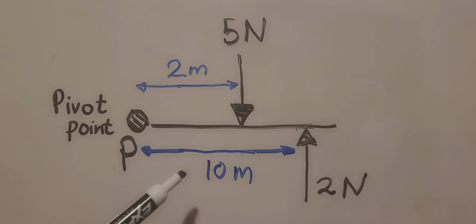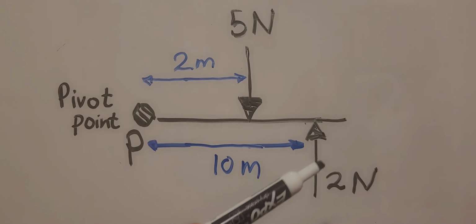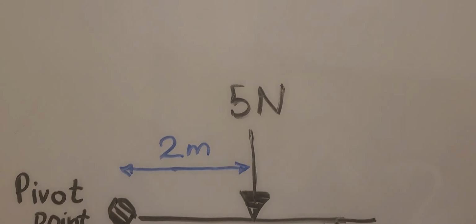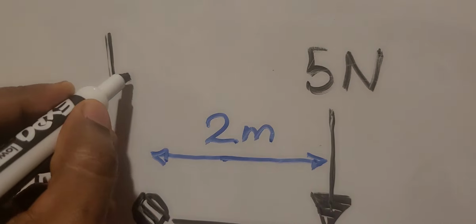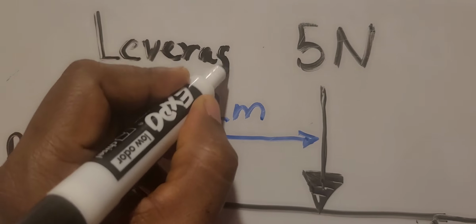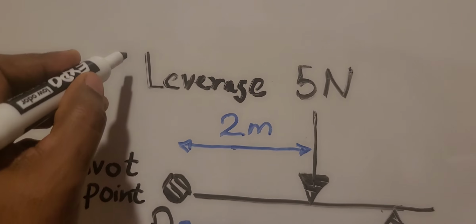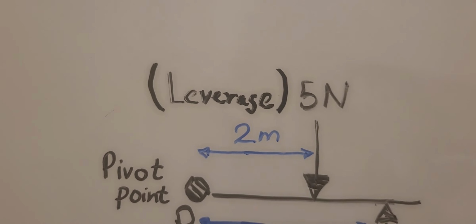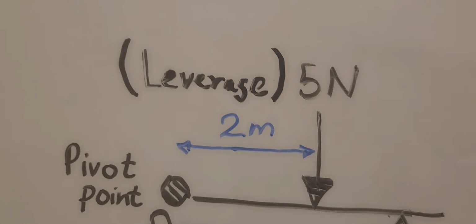So these distances to the respective force from the pivot point, that's what we call the leverage. Sometimes it's called the lever arm distance, but simply you can call it the leverage.